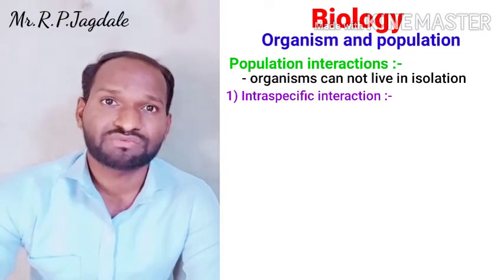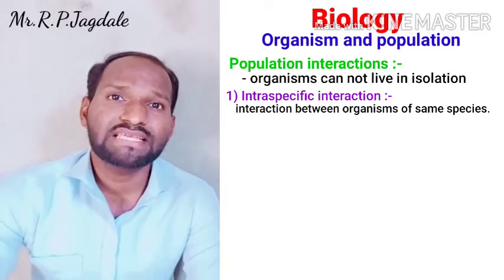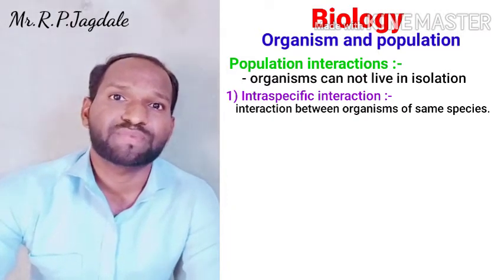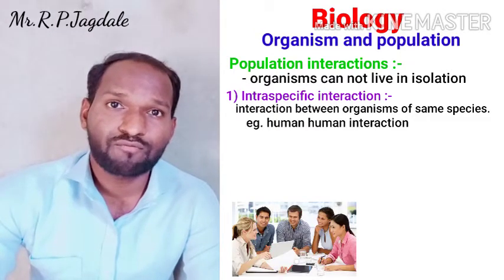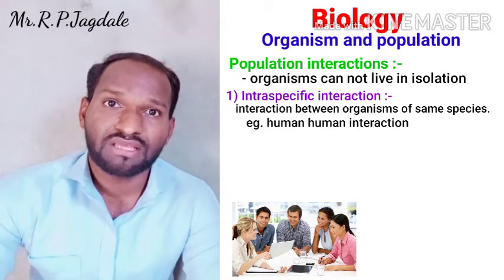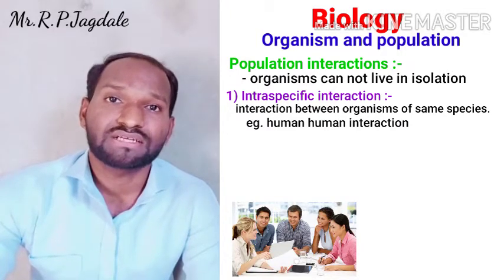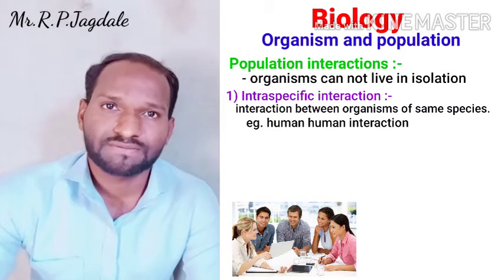Intraspecific interaction is the interaction between the organisms of the same species. For example, take human-human interactions. Humans are of the same species, so they are interacting and communicating with each other. It is an example of intraspecific interaction.